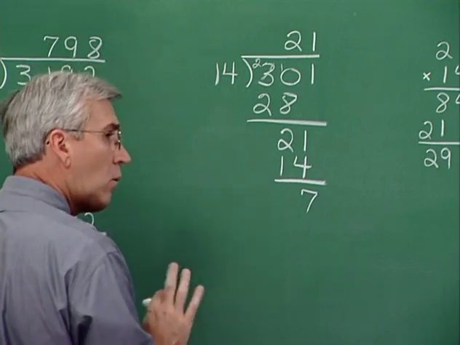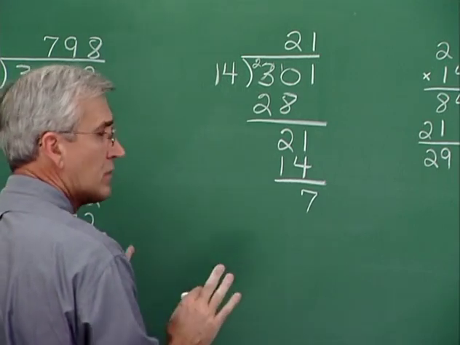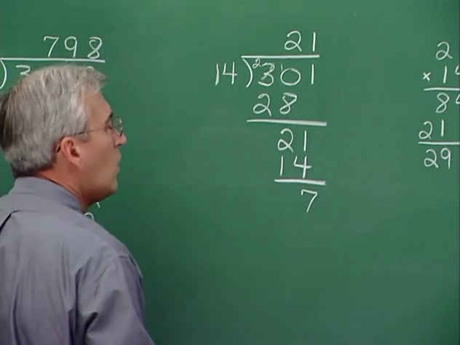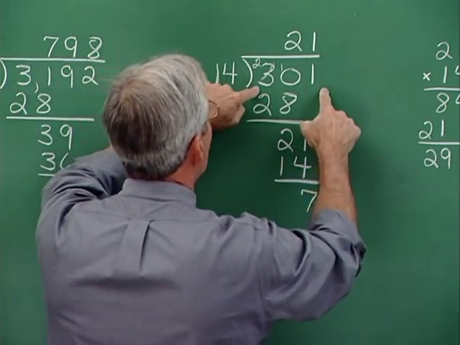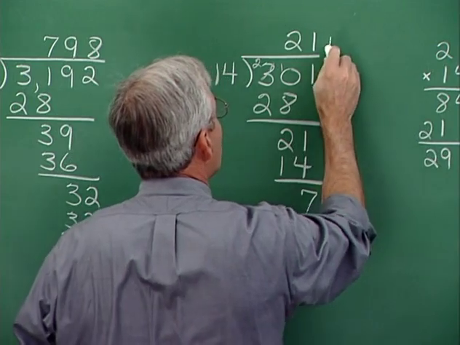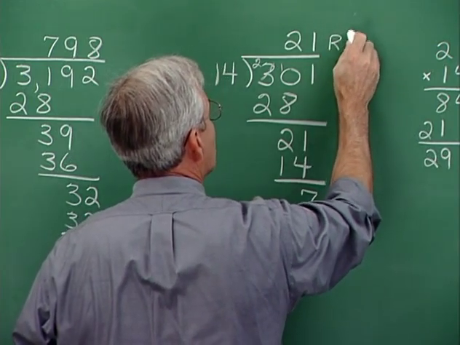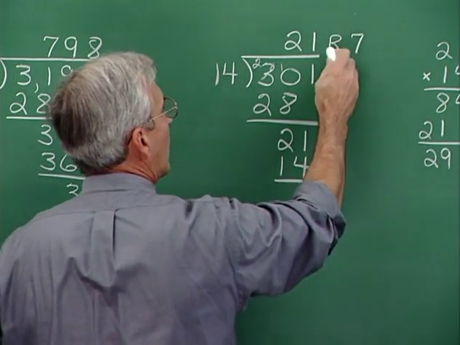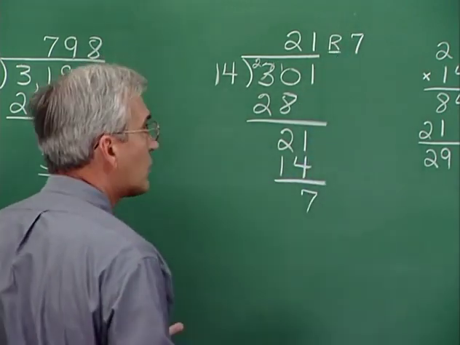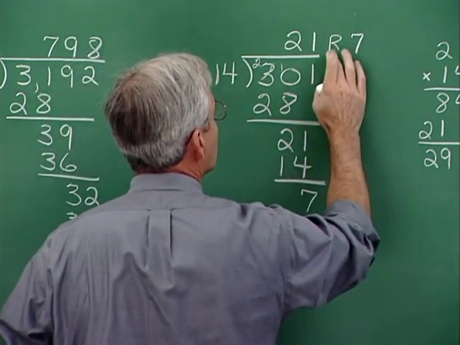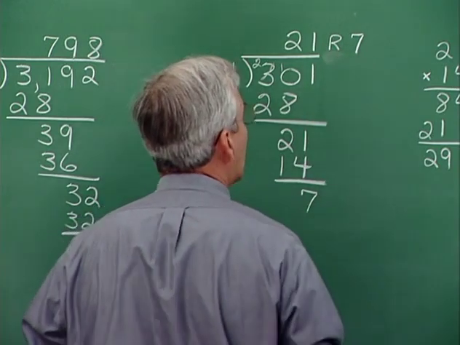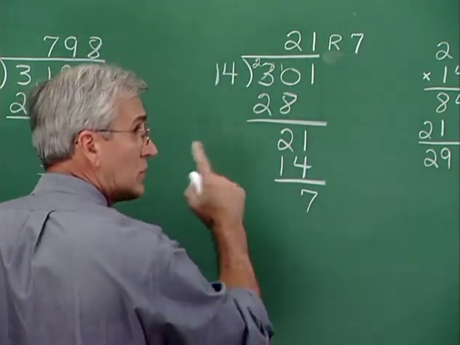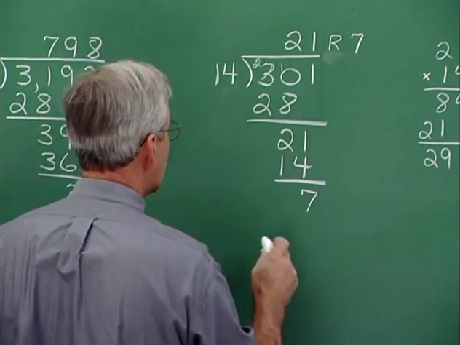Now, there are a couple of ways to show the answer in this problem. One, a very accepted way, is to say 14 goes into 301 21 times with a remainder of 7, with an R, remainder of 7. Illustrating the remainder here like this is perfectly all right. Another way, and a rather algebraic kind of way, would be to show the remainder like this.